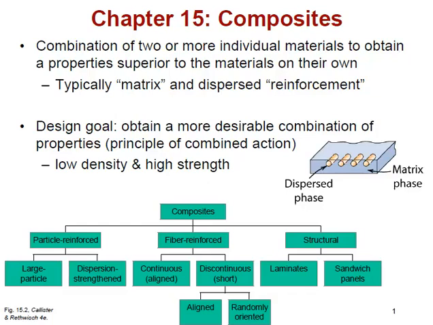So starting over on the left, we have particle reinforced. So this would be where the reinforcement is more or less equiaxed, generally fairly small. We do have large particle reinforced composites. This would be maybe a gravel aggregate in concrete would be an example of that.